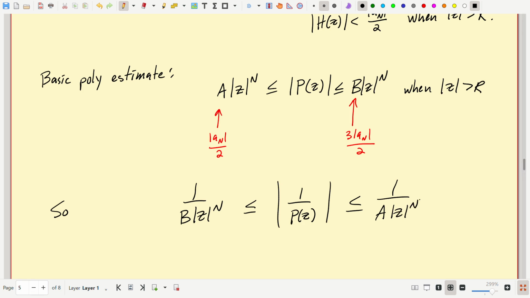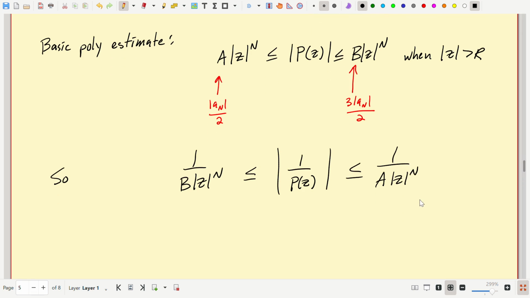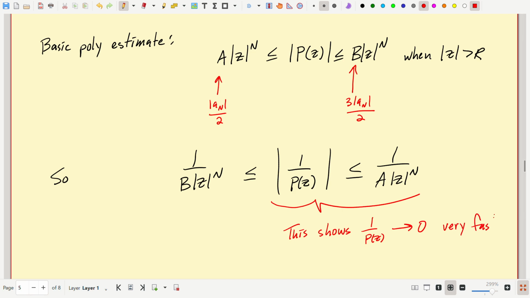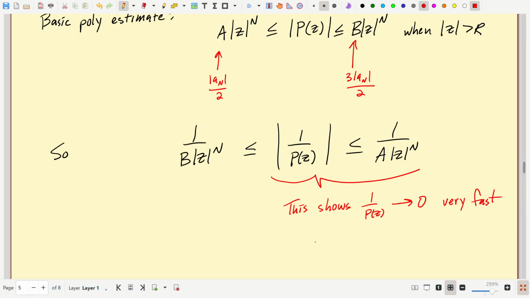And this inequality is the one that shows that it's shrinking very fast at infinity. This shows that 1 over p of z is going to 0 very fast, like z to the n, as the modulus of z goes to infinity.